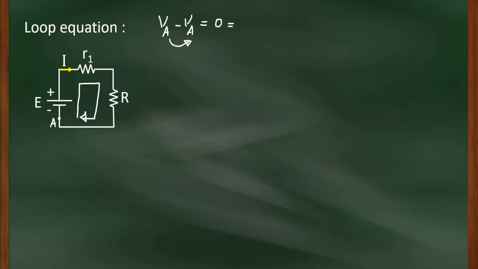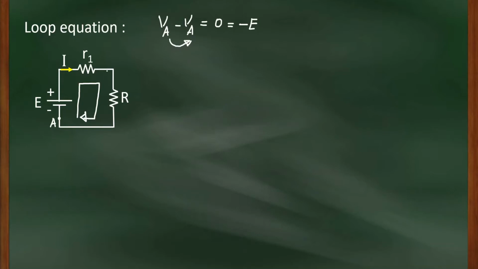I can choose this path. So to go from A to A, here we enter from the negative terminal, so minus E. First I have minus E, and here I use Ohm's law.